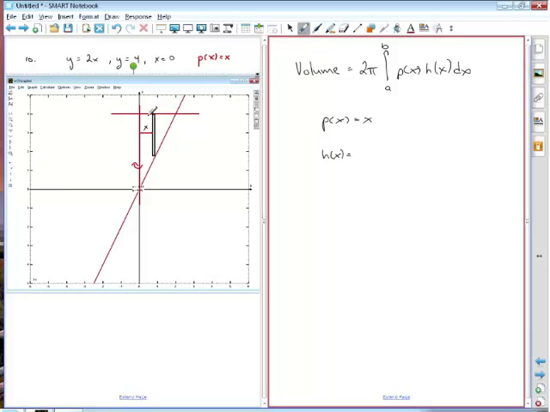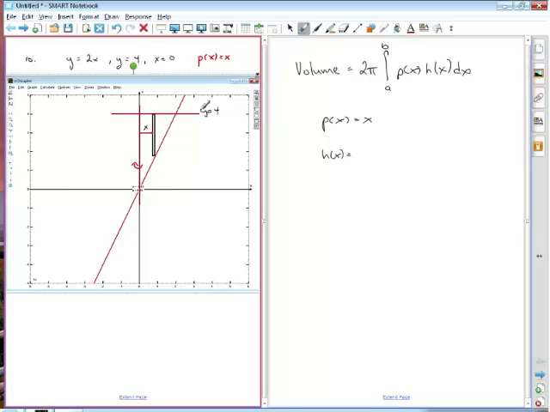In terms of h of x, the height of the rectangle, if we go over here, one side is y equals 4, and the bottom is y equals 2x. So this distance, let's put an arrow here.